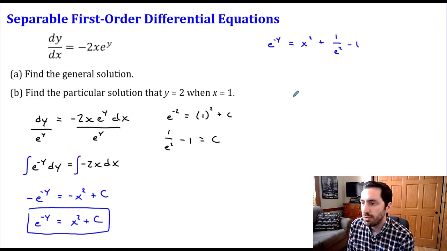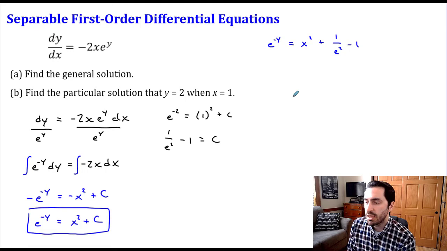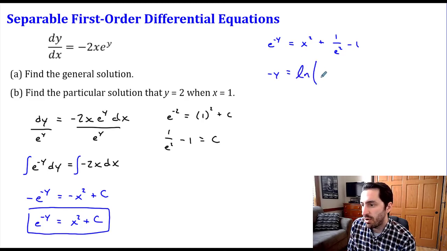But just to work with this a little bit, I want to get this so that the y is isolated. So I want this written as y is equal to something. Right now we have e raised to a power. So if I want to undo that, we can use the natural log. That's going to leave me with -y is equal to the natural log of all of this stuff: x squared plus 1 over e squared minus 1.